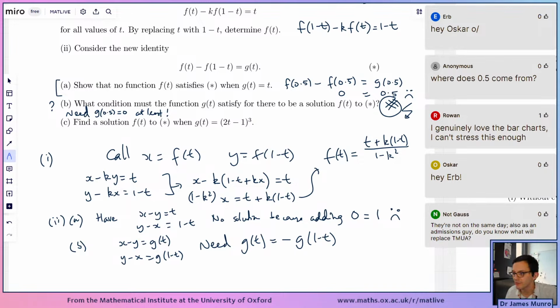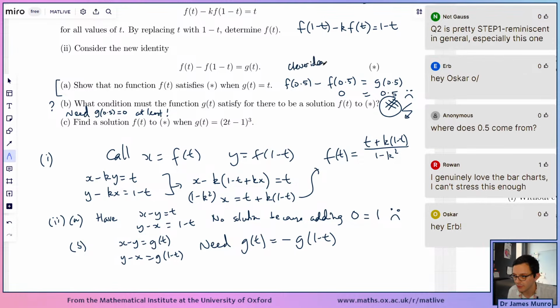Where does the 0.5 come from? 0.5 was somebody in chat who had a kind of clever idea. I've forgotten who it was. Was it Notgauss? It was a clever idea to just look at one particular value. In particular, it's where t is equal to 1 minus t.